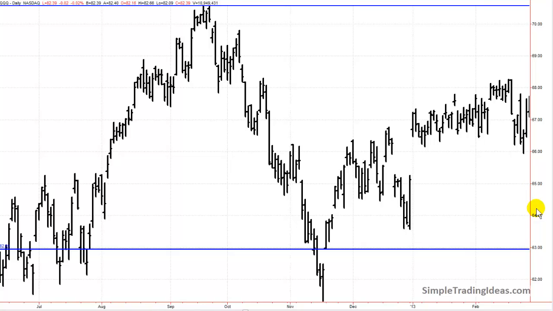So it would be 63, I'll say 1, 2, 3, 4, 5, 6, 7.5, $7.50 per share. So that's markedly different. So those who are trading a breakout and using the other side of the range as their stop need to be aware of the distance between the top of the range and the bottom of the range, and how that fits into their own particular risk control parameters.